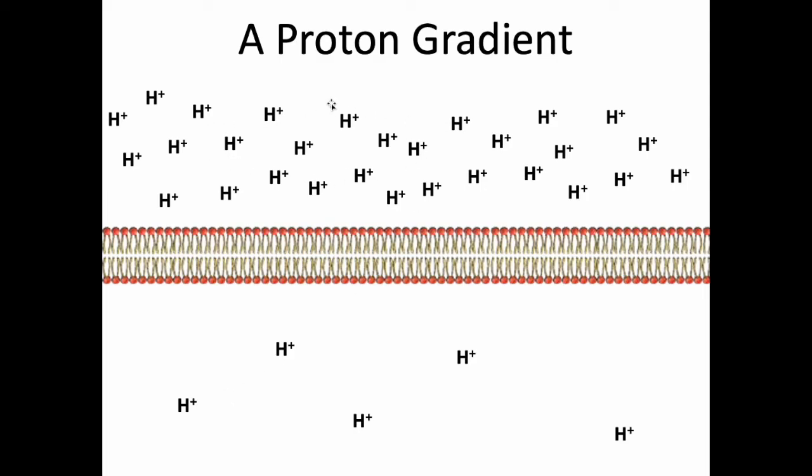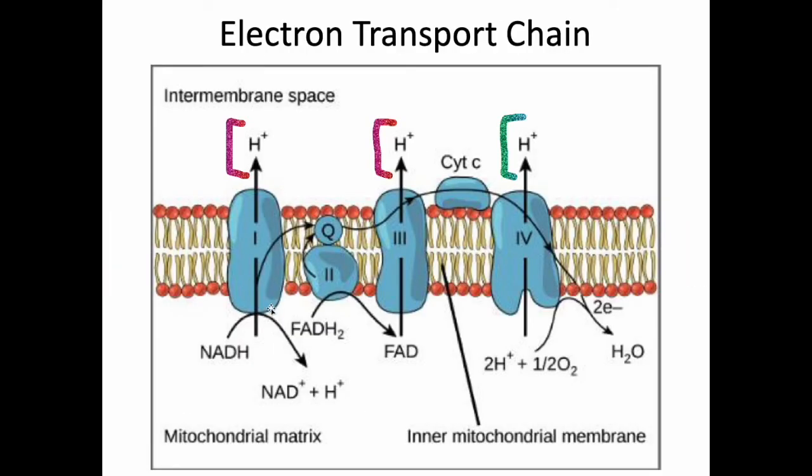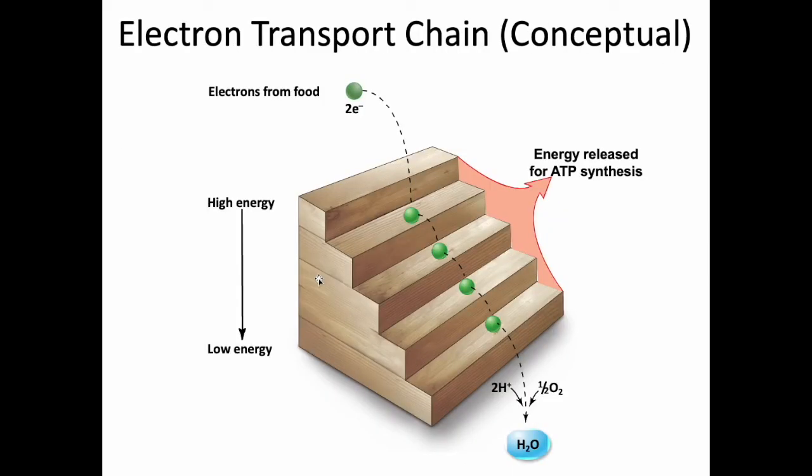There are a bunch of H+ on the other side of the membrane. We are using the energy of these electrons being passed, because again, these are high energy electrons going to lower energy electrons, moving down this staircase. That energy is not wasted.